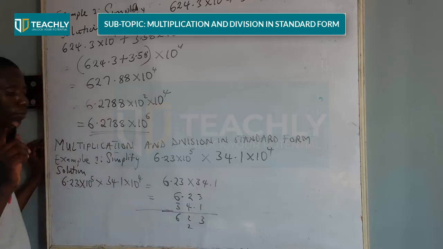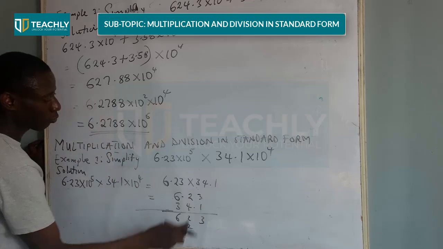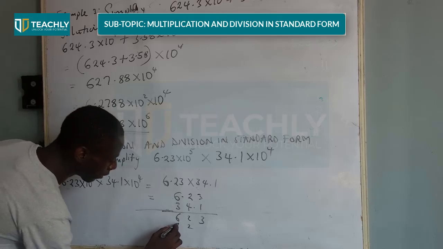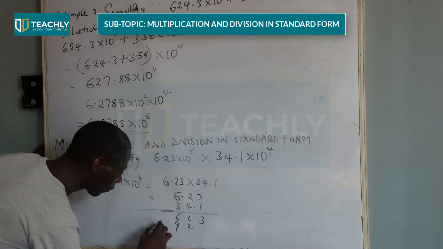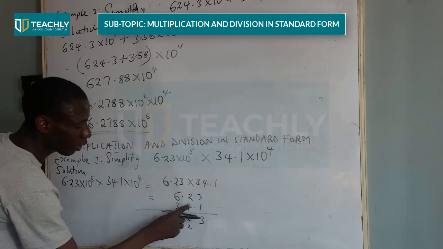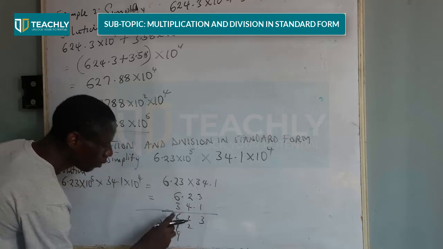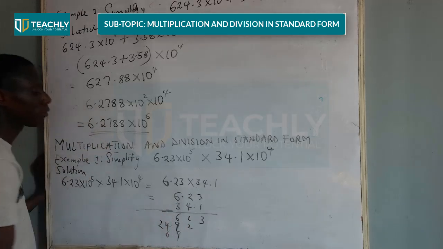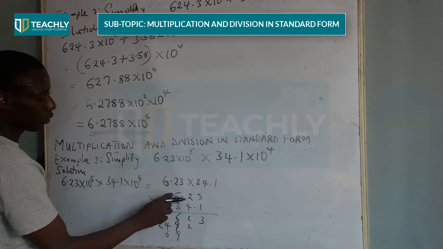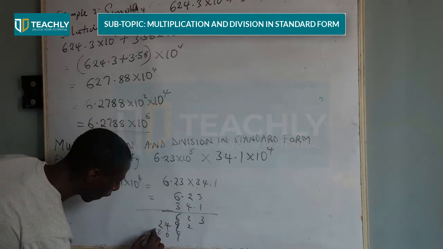We keep 1. And then 4 times 2, we have 8, plus 1, we have 9. Then 4 times 6, we have 24. Then 3 times 3, we have 9. 3 times 2, we have 6. And 3 times 6, we have 18.